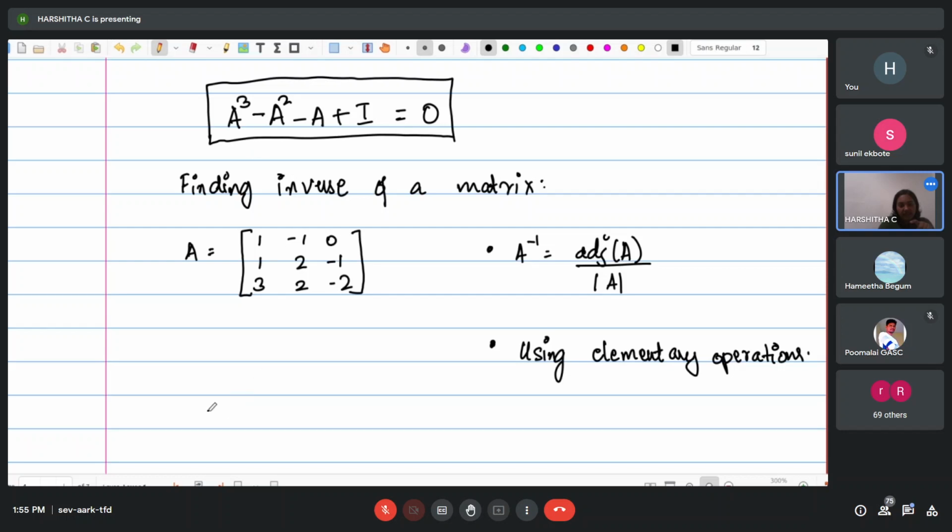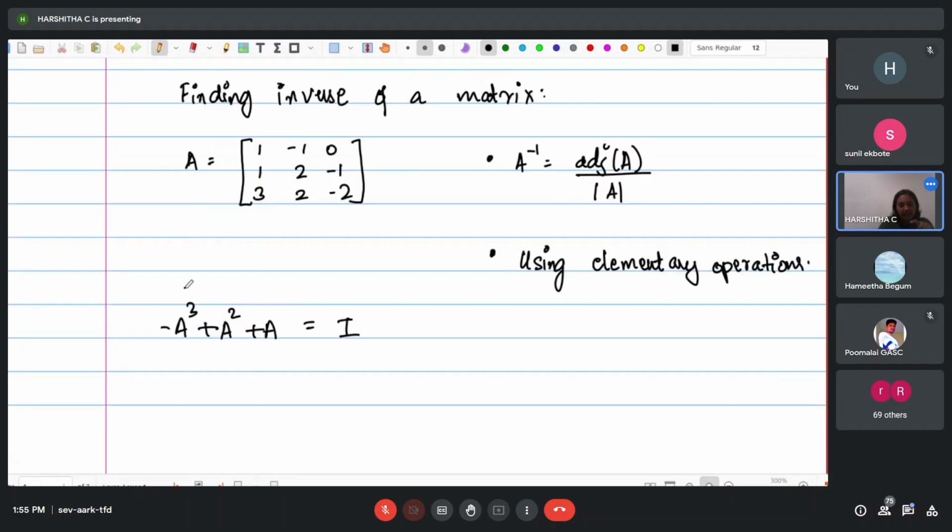Exactly. So, once you have the characteristic polynomial, you know that the matrix satisfies this, right? Now, you take just the identity matrix on one side. So, let's write minus A cube plus A square plus A equal to identity, right? From this equation, all we have done is taken the other three terms to the other side.